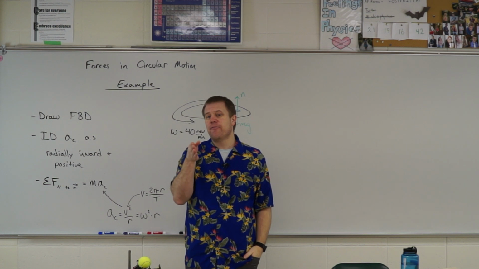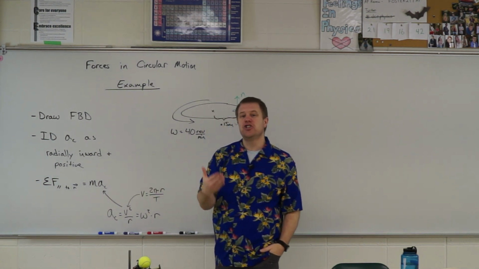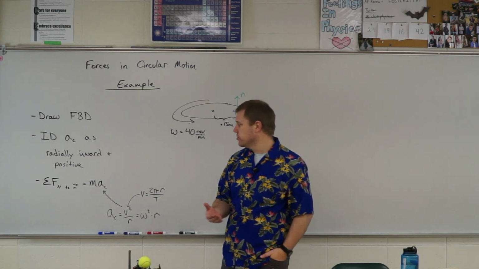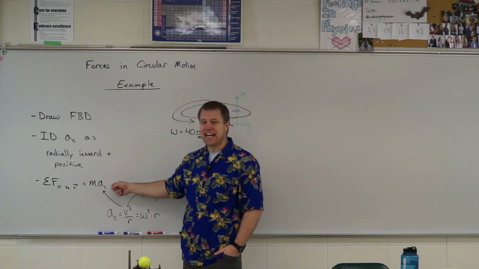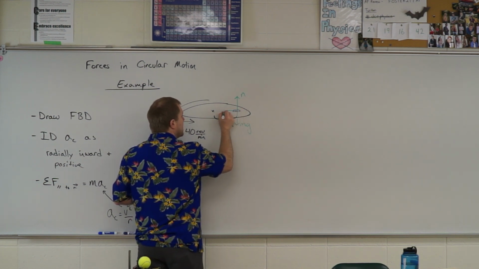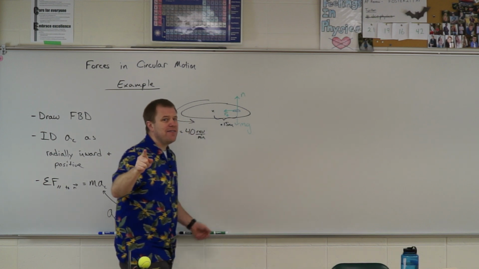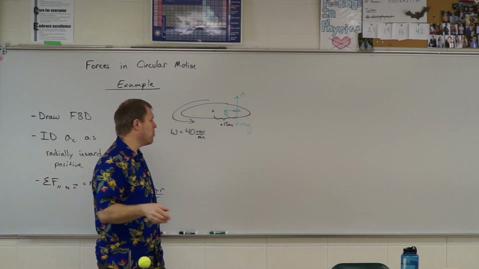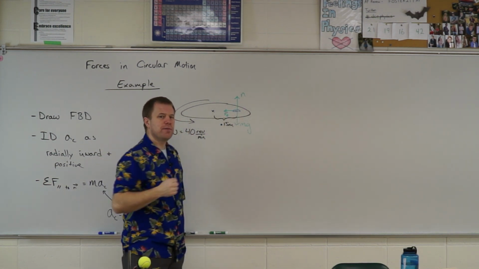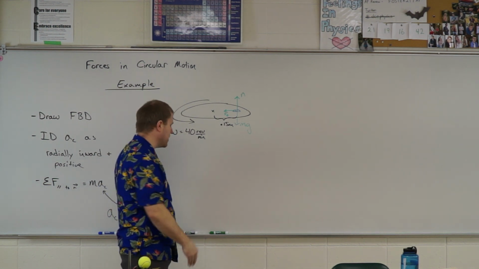So we want that force to cause a centripetal acceleration and change the direction of motion, because remember, that's what a_c tells us about. That means that the force of friction is acting radially inward. Remember, I gave you the example of a car going around a corner. This is the same free body diagram that you're going to have for a car moving around a corner.